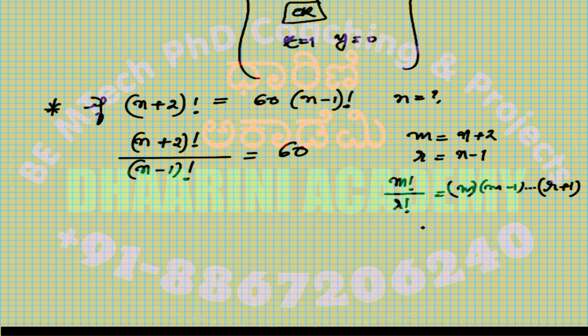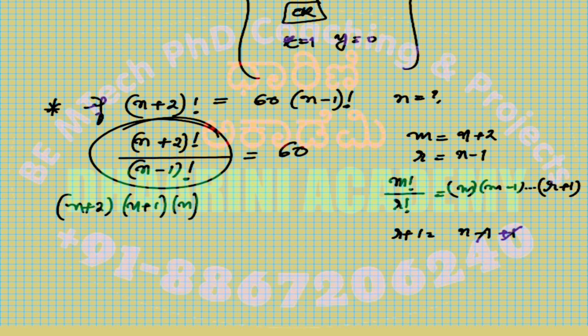I just have to find what r plus 1 is. This is n minus 1, so n minus 1 is r plus 1. Till n I should write. So starting from n plus 2 into n plus 1 into n, that's the simplification of this term.